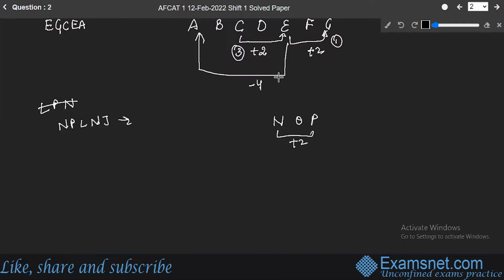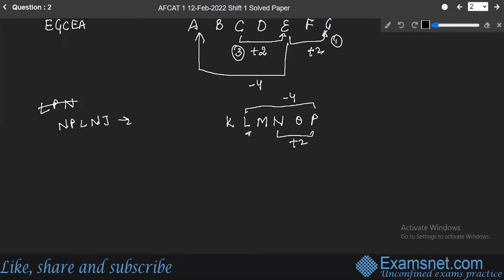Then from P it reaches L, moving 4 steps backward, that's -4.